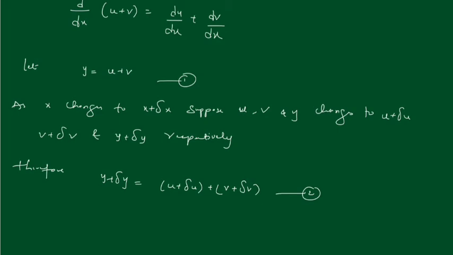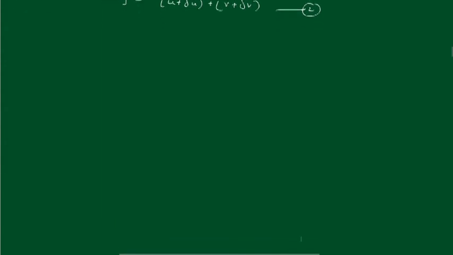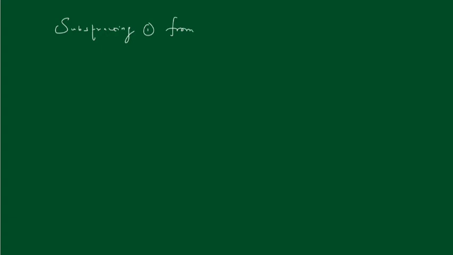So subtracting 1 from 2, we get delta y equal to delta u plus delta v.